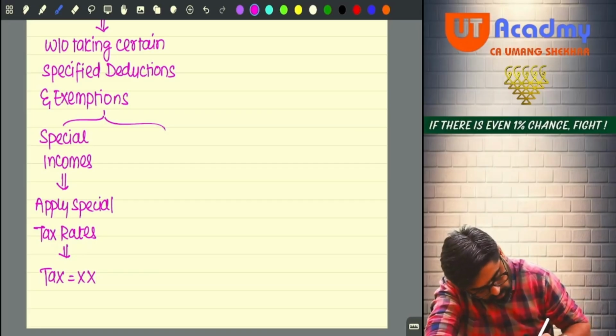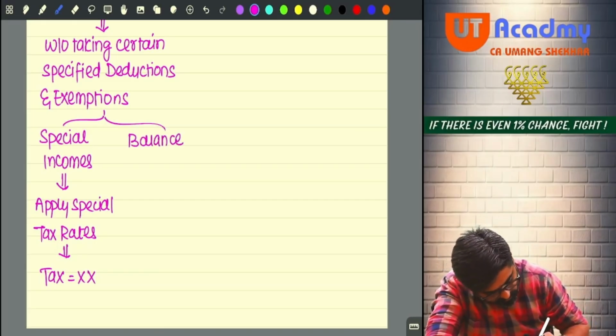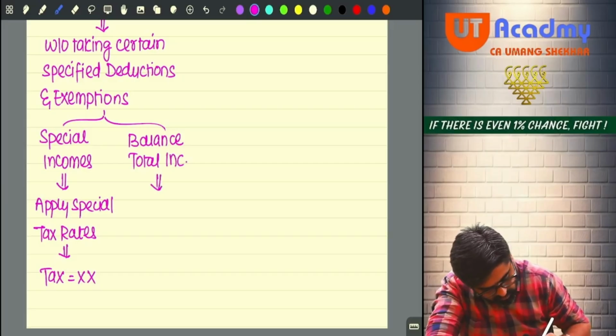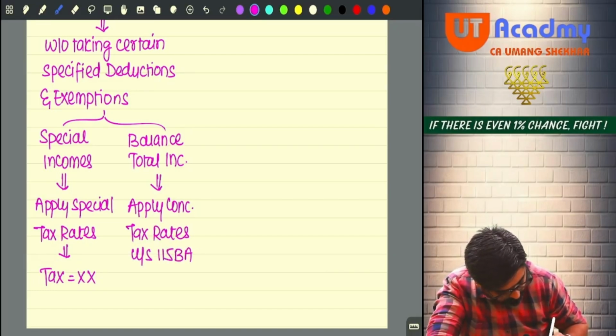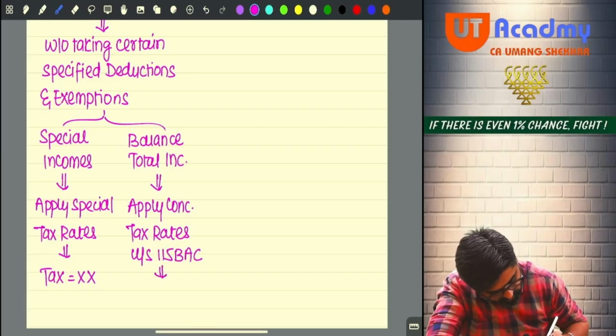But on the balance part of your total income, you are going to apply concessional tax rates which are given under section 115 BAC only, and calculate the tax.